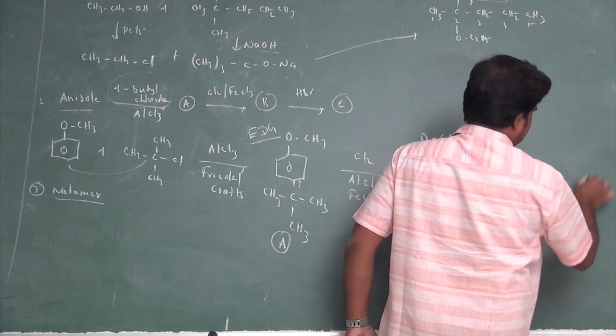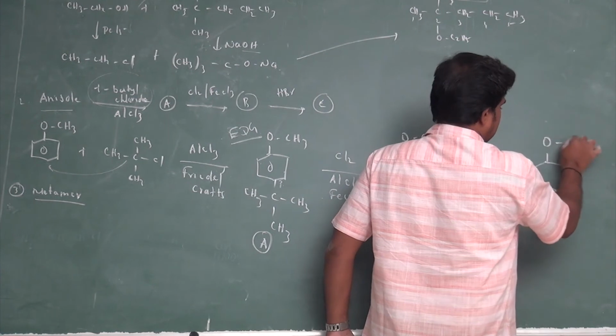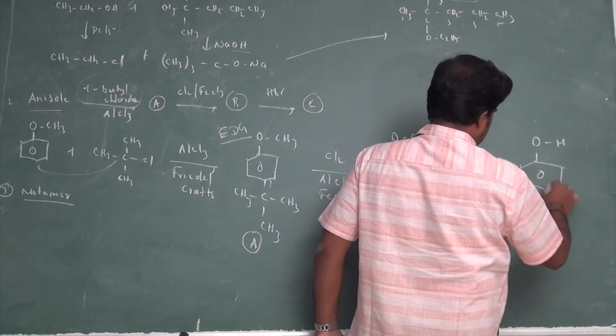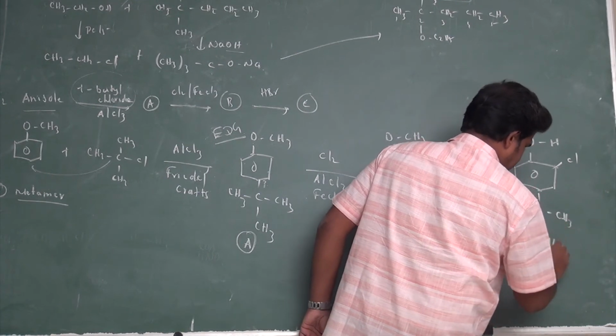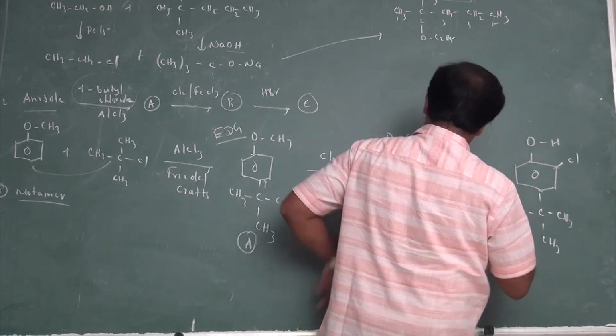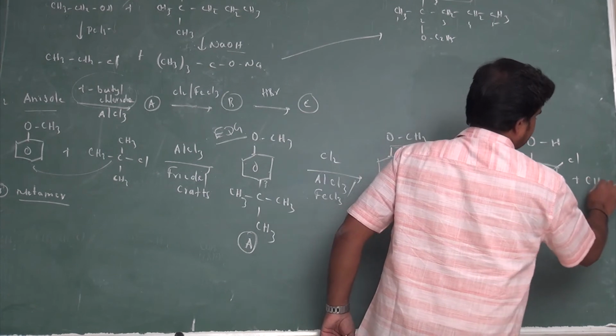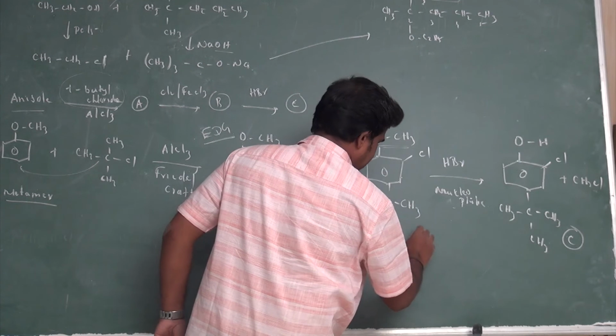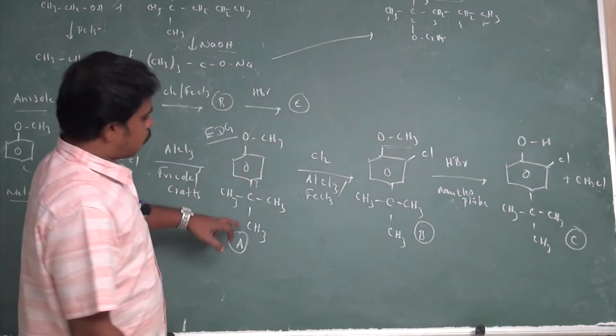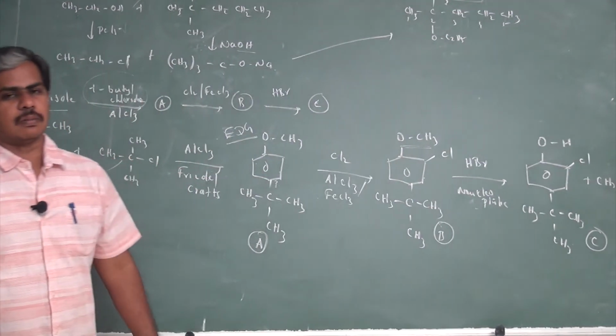So we are getting the compound C, here OH, and here Cl, and C(CH3)3, and the byproduct is CH3Br. So it is the compound C, and it is compound B. So compound A, compound B and compound C.